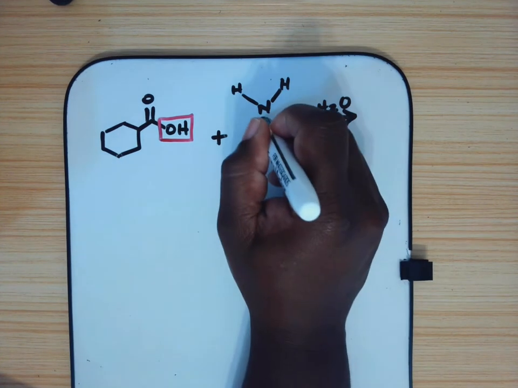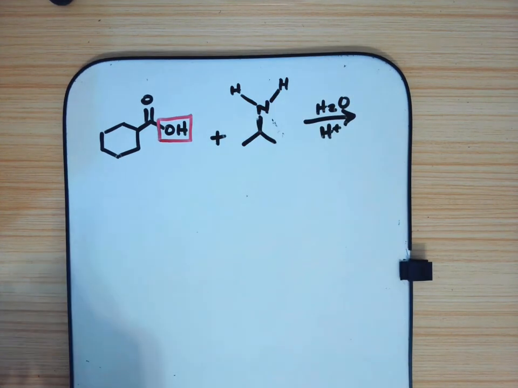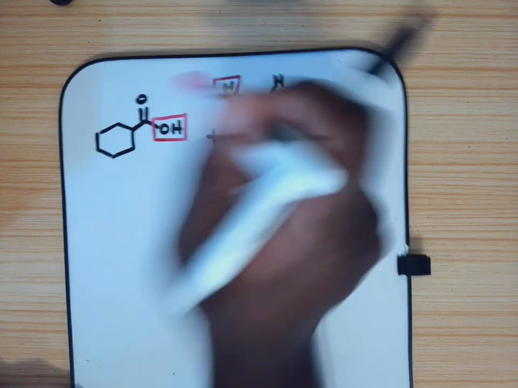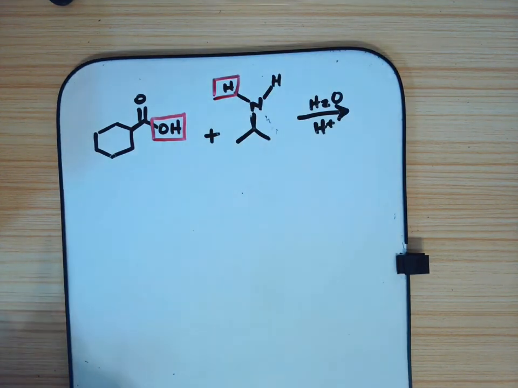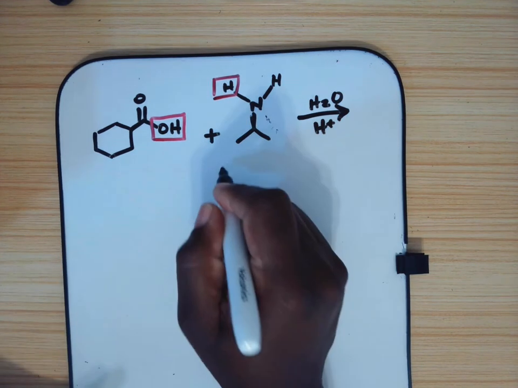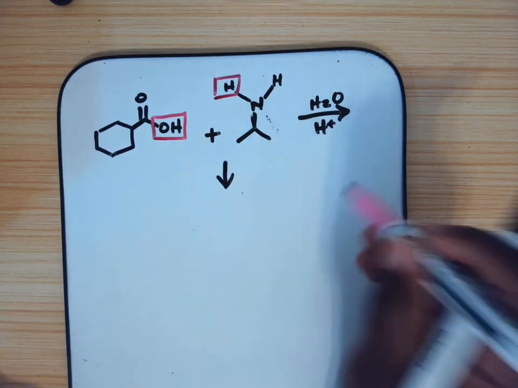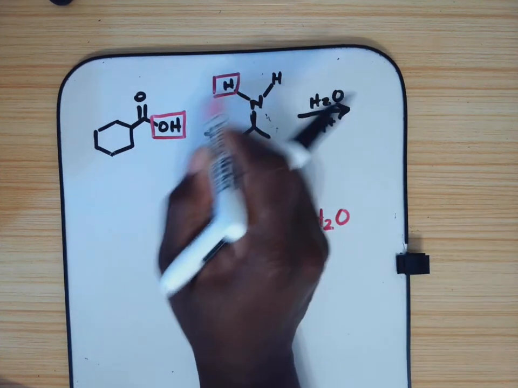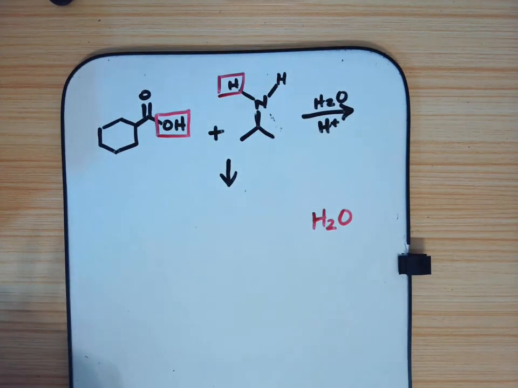And just as we box off that hydroxyl, I can just box off one of those hydrogens from the nitrogen. That's where your water comes from. So when I show that product, I have water from my boxed area because I have H2O. What was left, the opposite end, would combine.